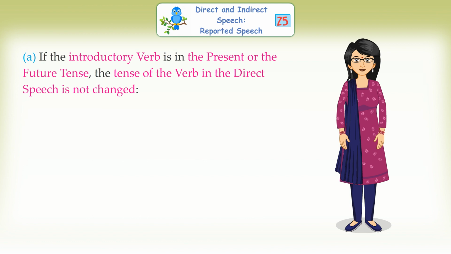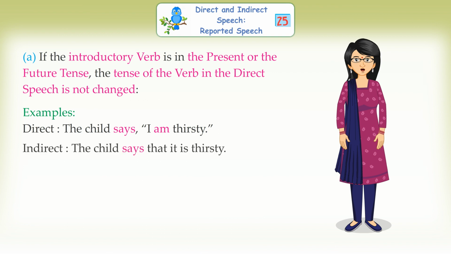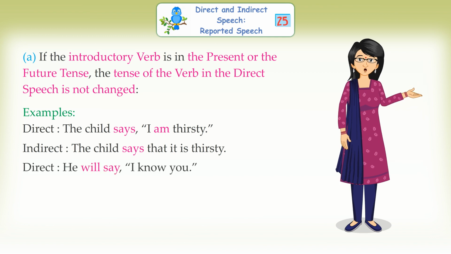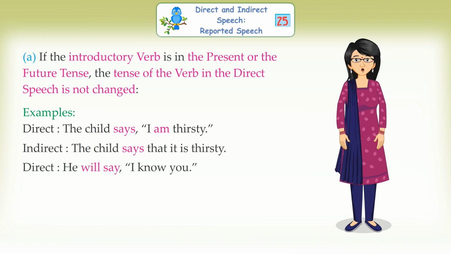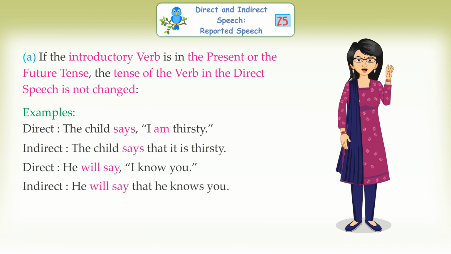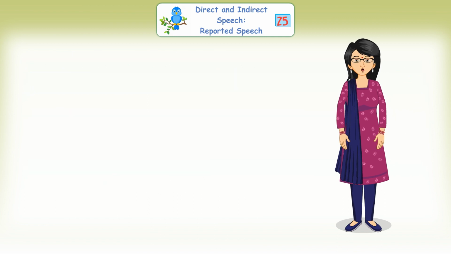If the introductory verb is in the present or the future tense, the tense of the verb in the direct speech is not changed. Examples: Direct: The child says, "I am thirsty." Indirect: The child says that it is thirsty. Direct: He will say, "I know you." Indirect: He will say that he knows you.